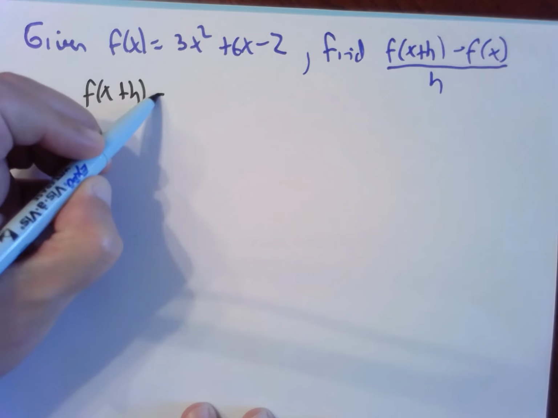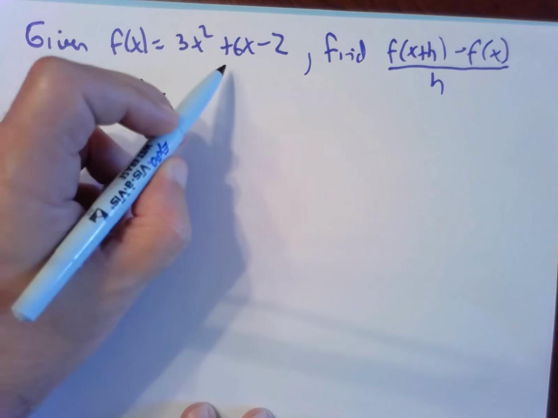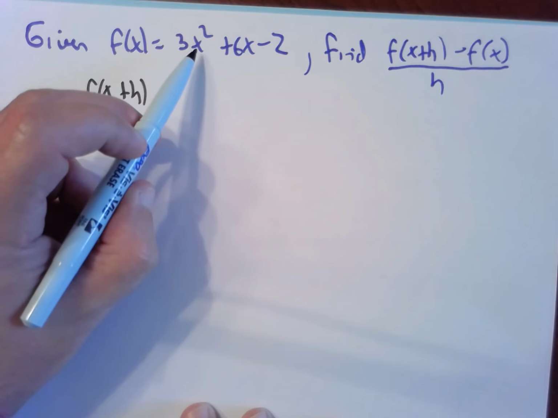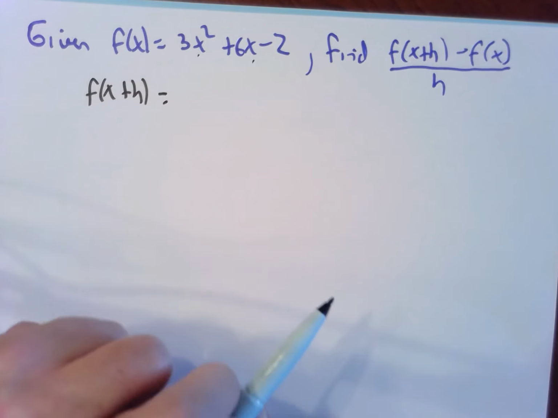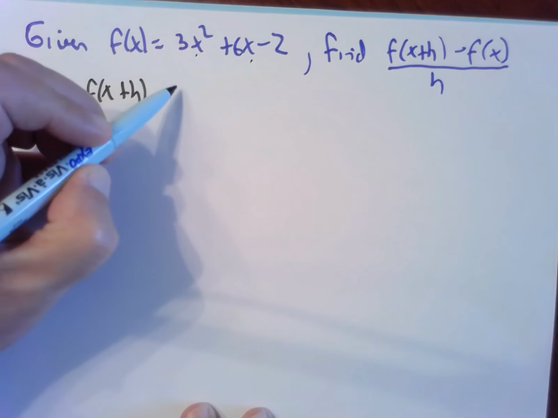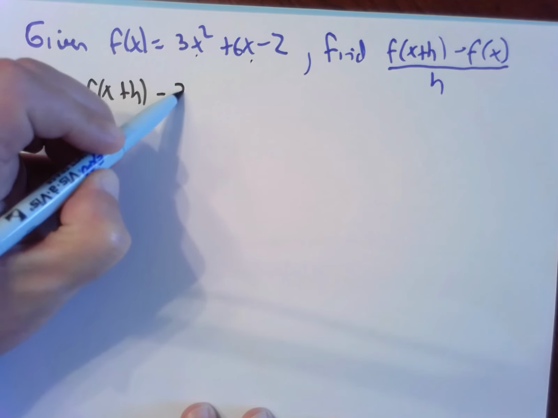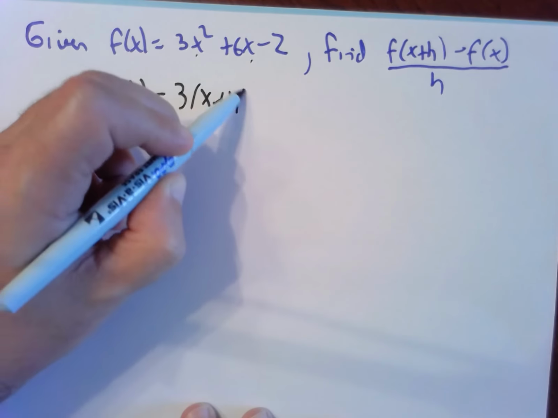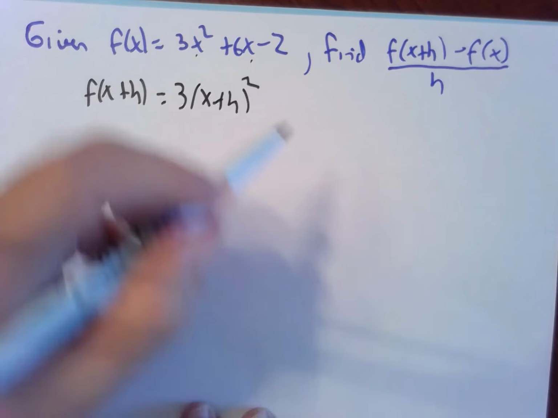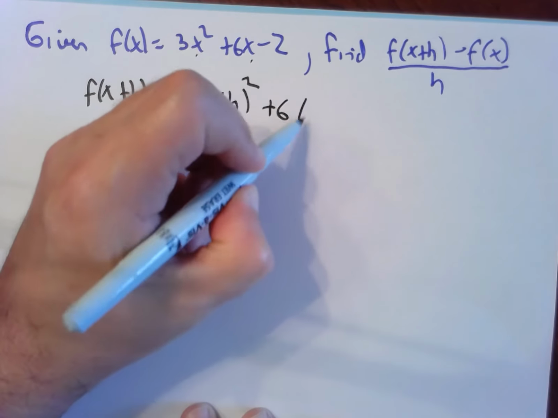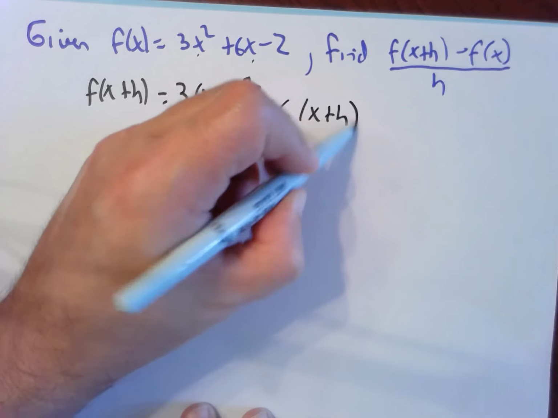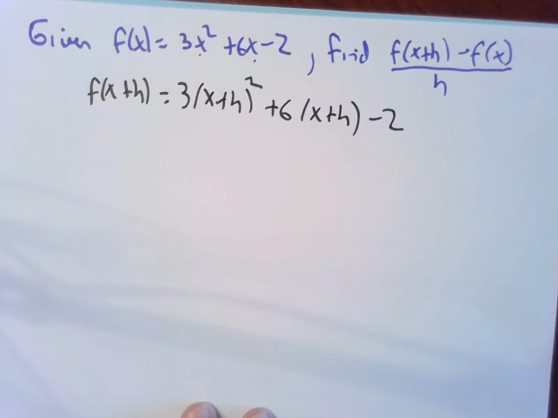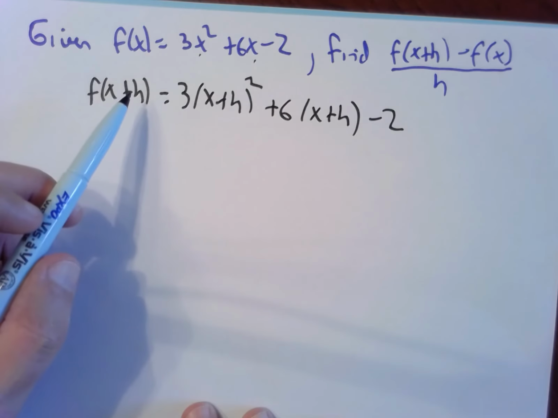Remember, that means rewrite the function. But now instead of writing an x here and here, we'll replace the x with an x plus h in parentheses. So I will have 3 times (x plus h) squared plus 6 times (x plus h) minus 2. That's f of x plus h.